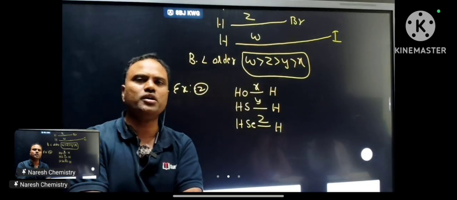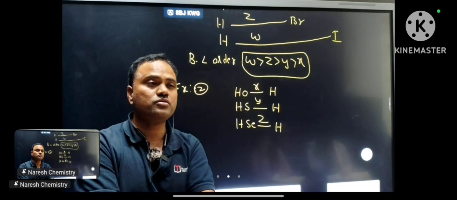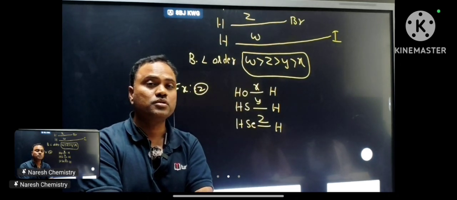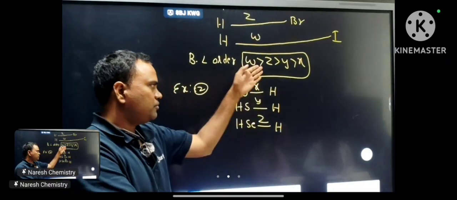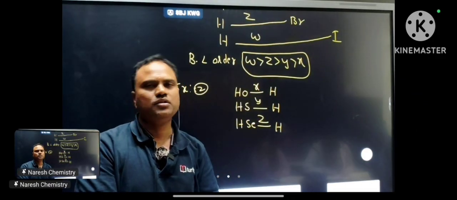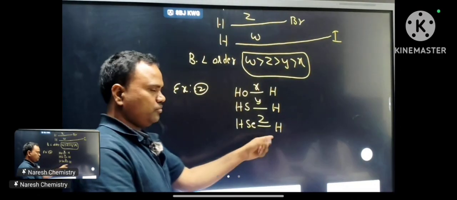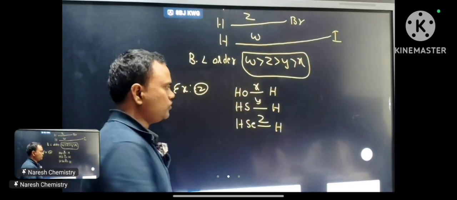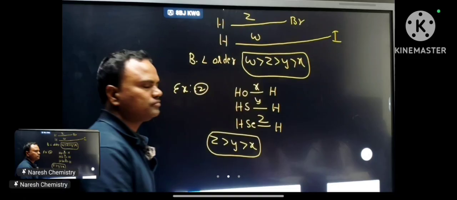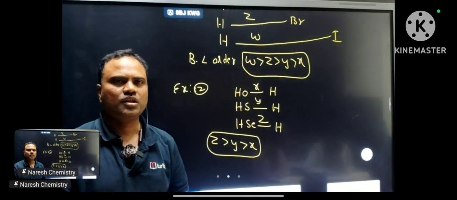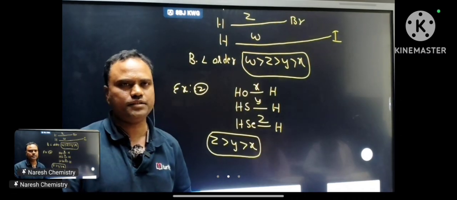They belong to the same group: oxygen, sulfur, selenium, tellurium, polonium. Down the group, what happens to the size? Size increases. So whose length is more? Z. The bond length between selenium and hydrogen is more. So Z greater than Y greater than X. Radius or size affects bond length like this.